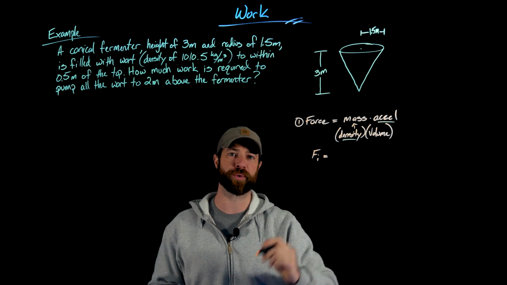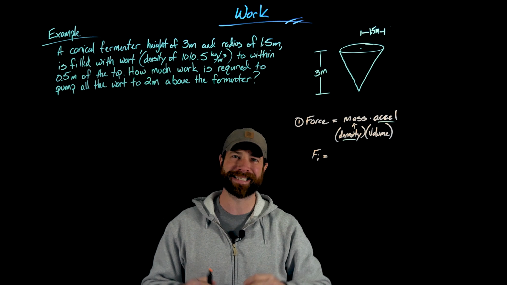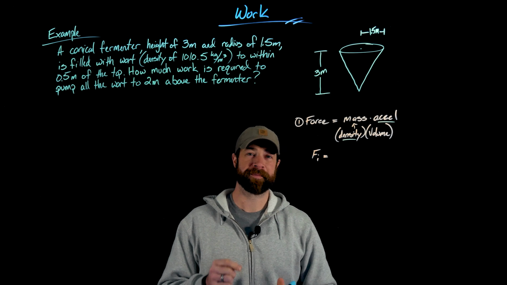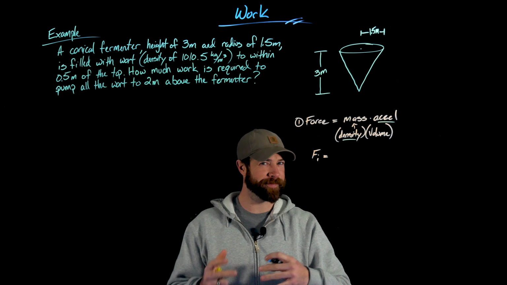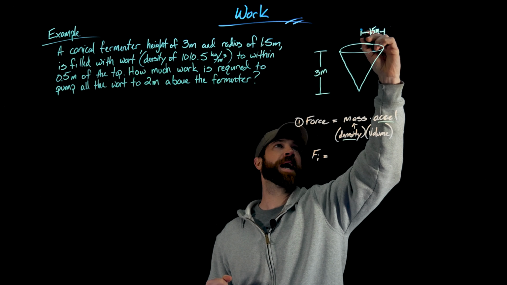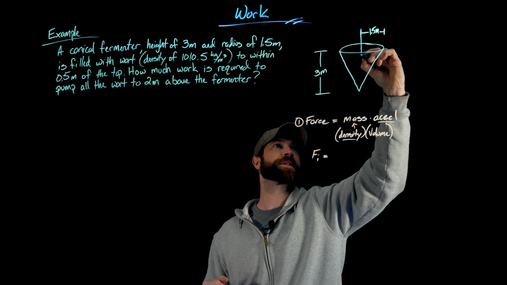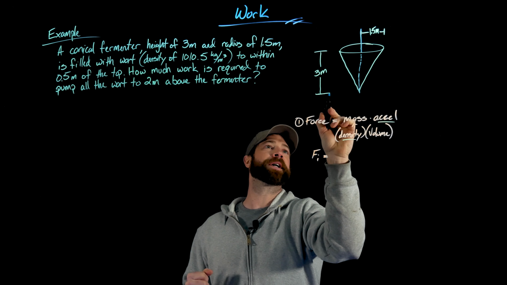So what I need to do right now is define these intervals and these slices that I'm looking at. First and foremost, one trick that I'm going to do, and this is kind of the reverse of the solids of revolution, is superimpose an XY axis on this object right here, just to make it a little bit easier to do my calculations.